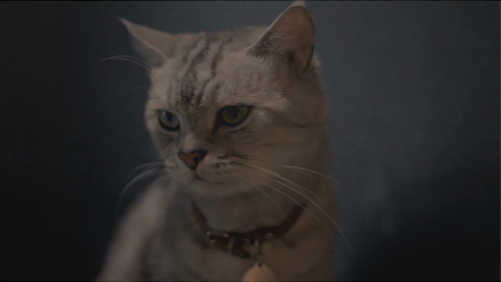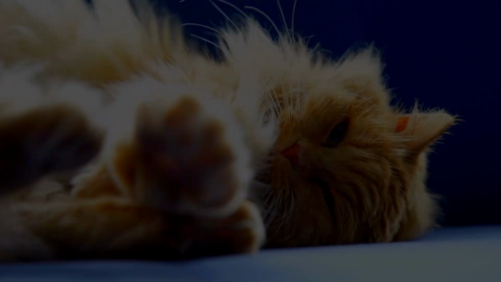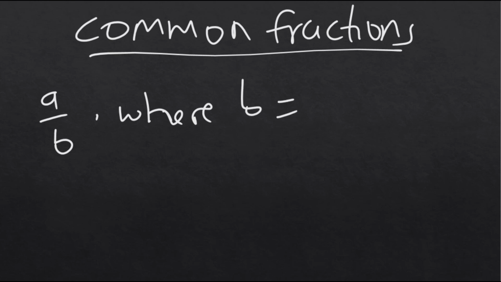The first one is a common fraction or a vulgar fraction. Common fractions are fractions in the form a over b, where b is not 0. b is a non-zero number.